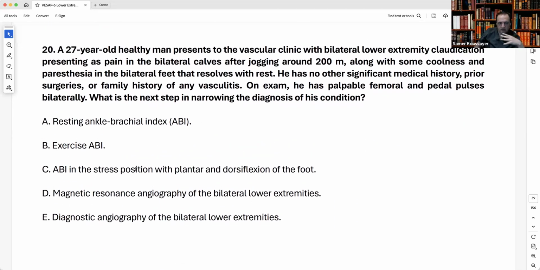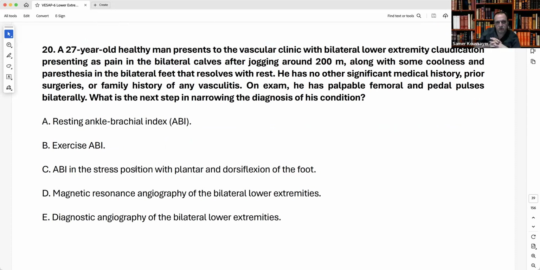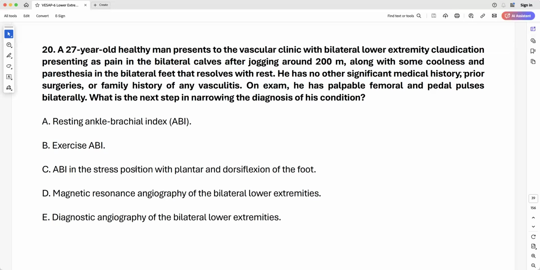Let's go one by one. A, resting ankle brachial index. No, because it's normal. B, exercise ABI alone.